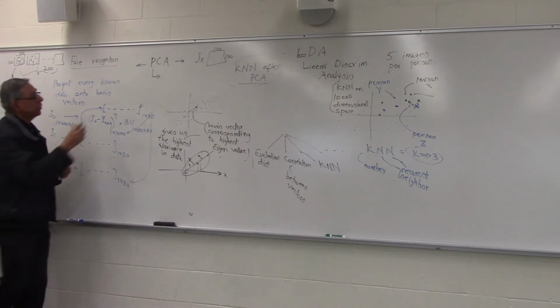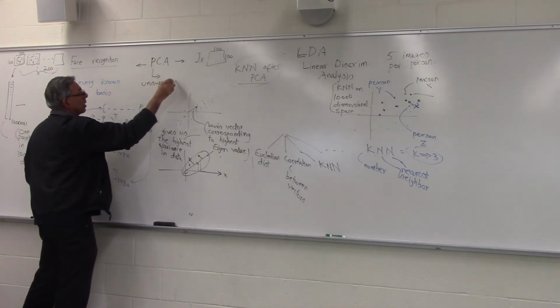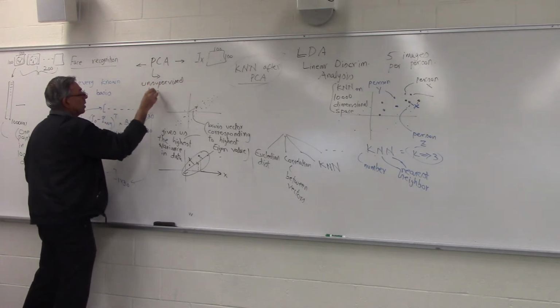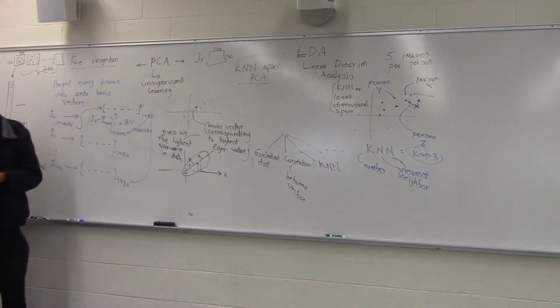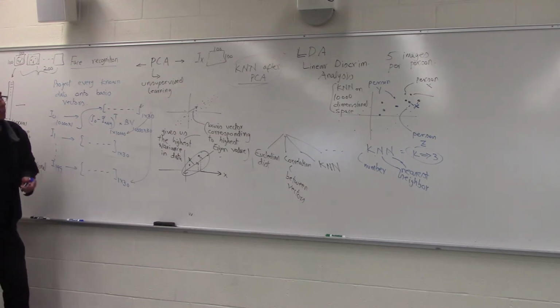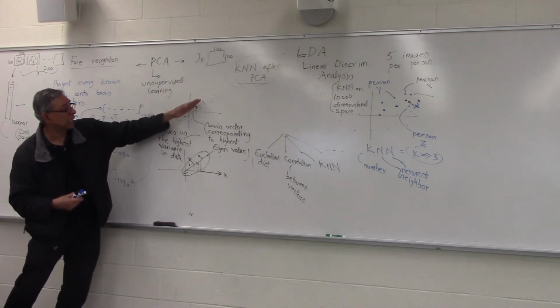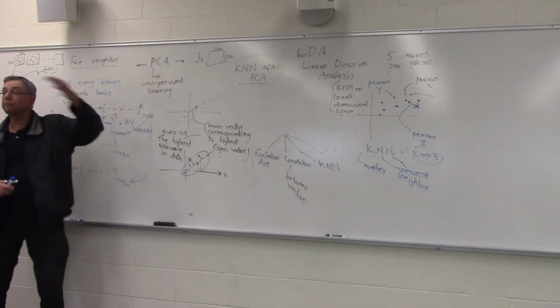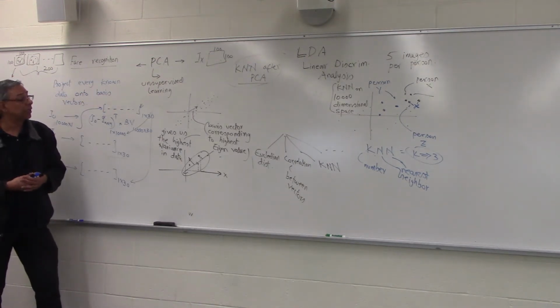So that's why this is called unsupervised learning. When we are creating the basis vectors, it has nothing to do with who's who. Of course, once we have computed the bases, then we can project the incoming data, and then using KNN we can find who's who. But the fundamental technique doesn't bother about it, right?